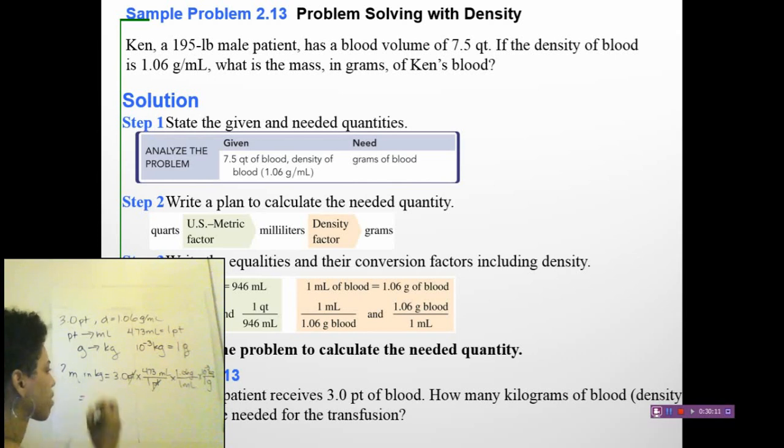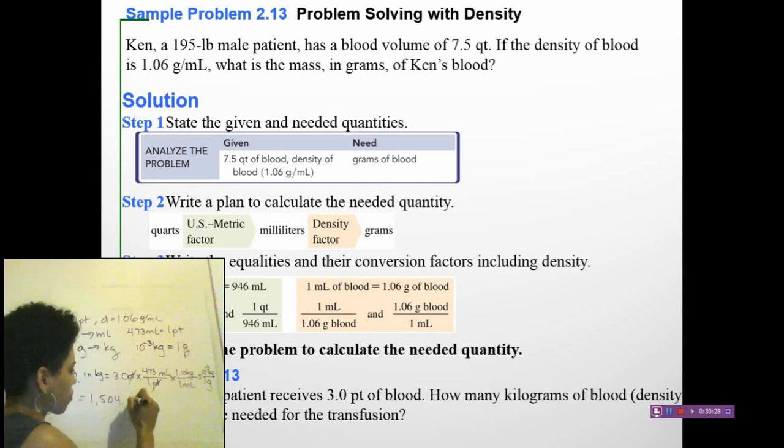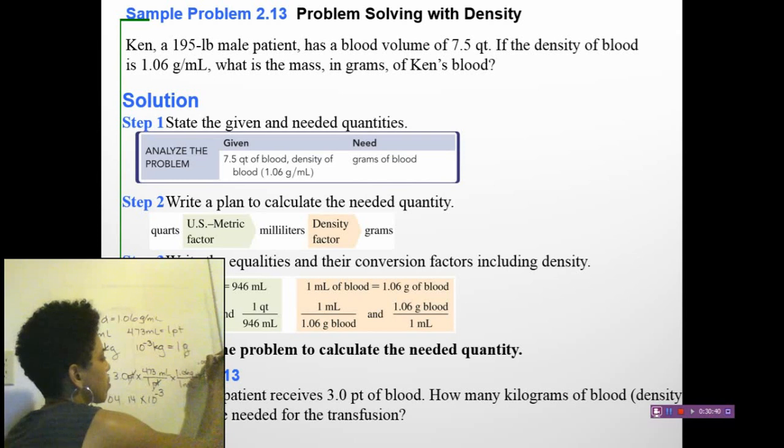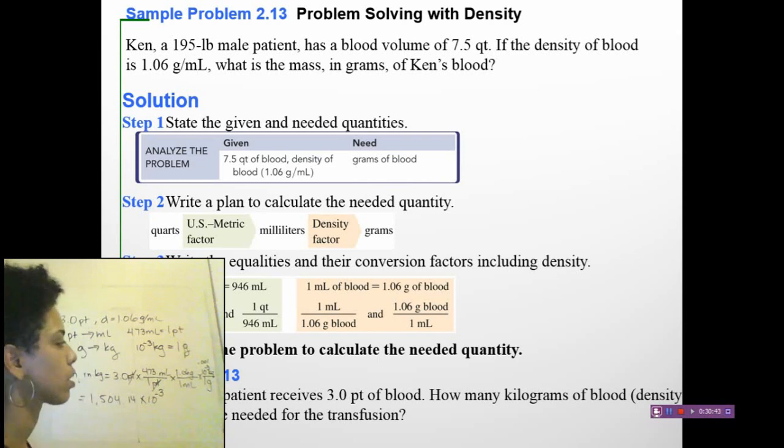So if I carry all this out on my calculator, I'm going to get 3 times 473 times 1.06. And that gives me 1504.14 times 10 to the minus 3, because I like to leave my exponents to the end. I don't like to put them in my calculator. You could also have done 0.001 kilograms, and then you could have put that in the calculator.